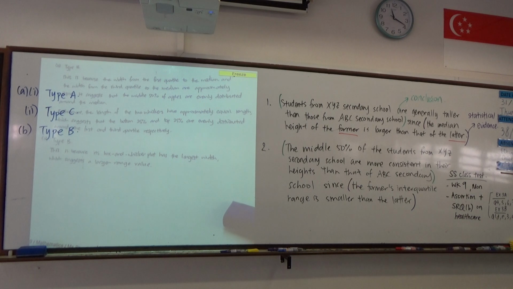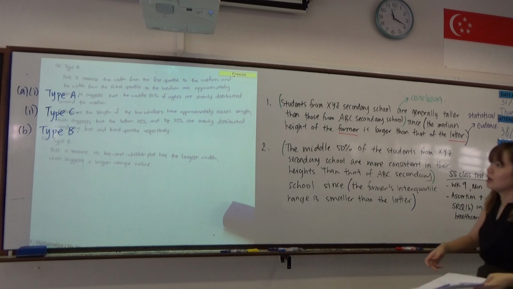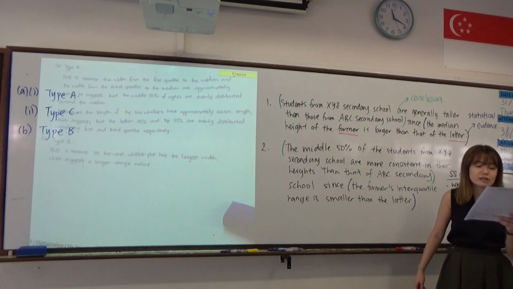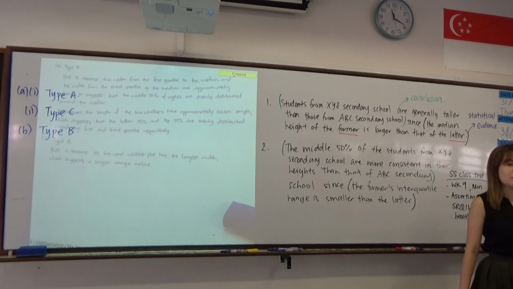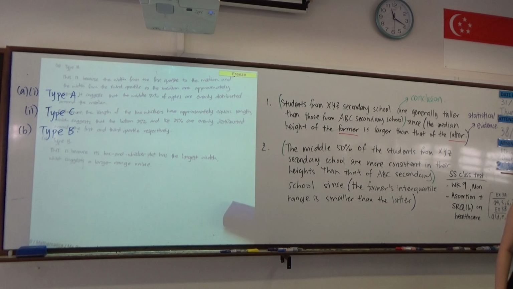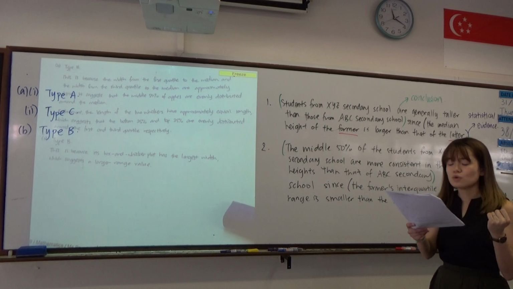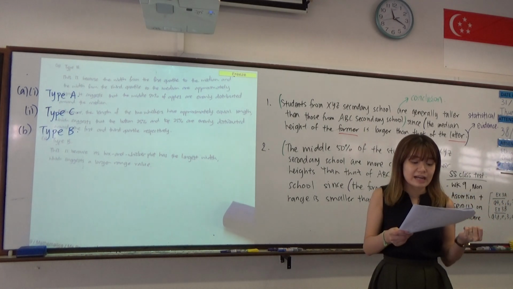So what I wrote, in case you can't see, it says that this is because the width from the first quartile to the median and the width from the third quartile to the median are approximately equal, which is what I said just now. It suggests that the middle 50% of the apples are evenly distributed around the median. Then after that, another thing that I pointed out was the length of the two whiskers have approximately equal length as well.